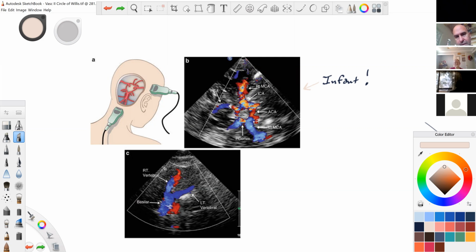Blood flow gets a little confused here. Let's see. This is the ACA, kind of coming this way and this way. There's so much aliasing on this side of the ACA that you really don't know which direction the blood is flowing.